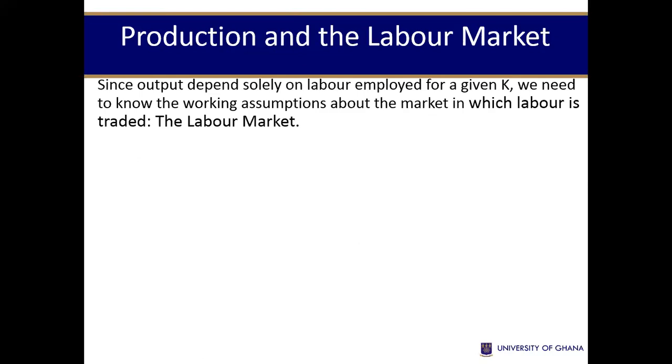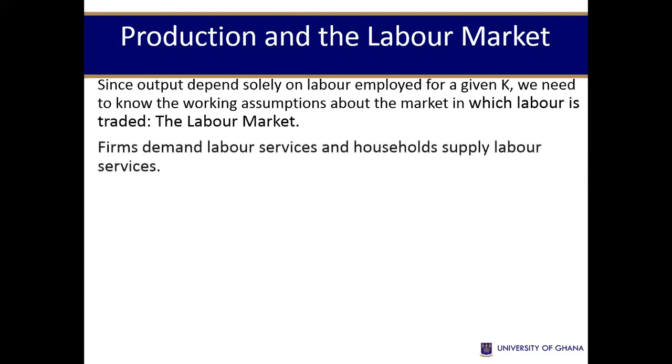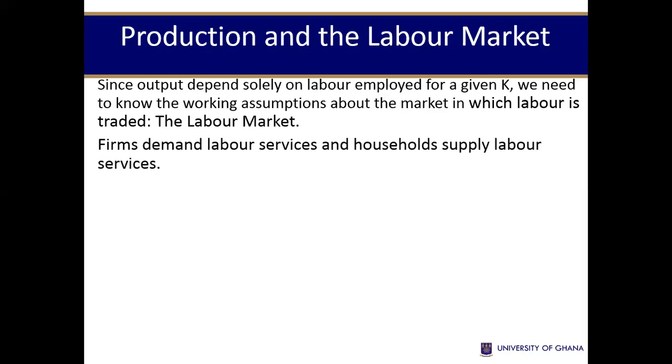Okay, so now we want to go into the labor market. When you go to the labor market, as we know, for any market, we have the demand side and then we have the supply side. So for the demand, those who demand labor services are firms.